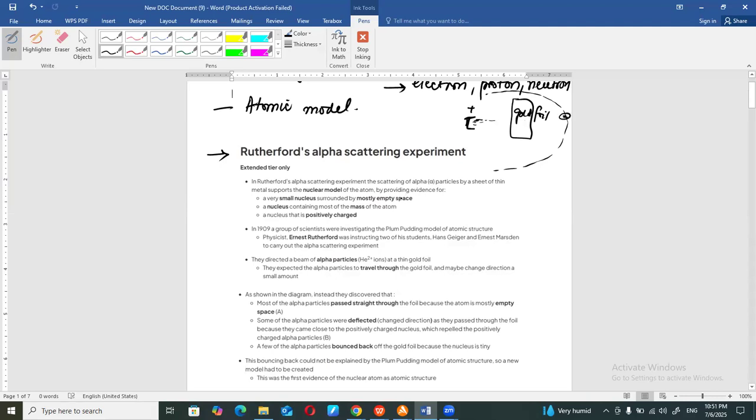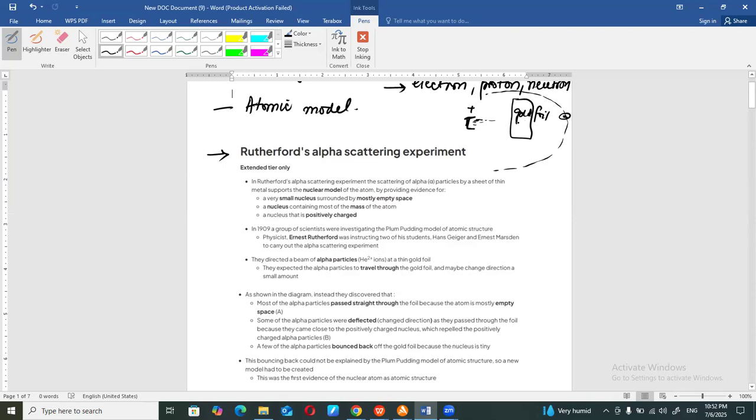This experiment was done by Ernest Rutherford and his students Geiger and Marsden. Alpha scattering means the alpha particles are bombarded on a gold foil.